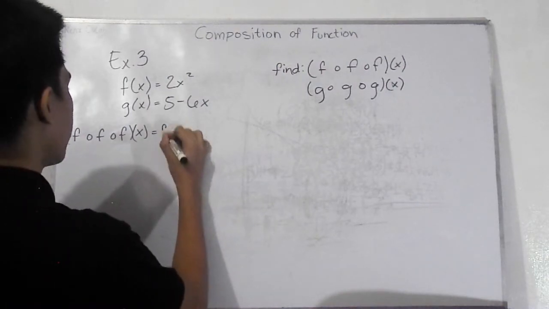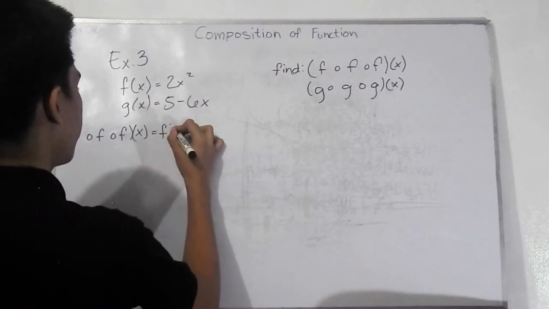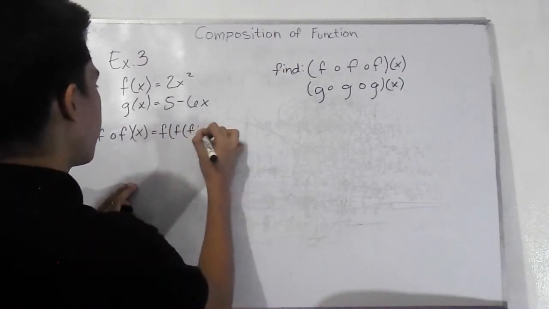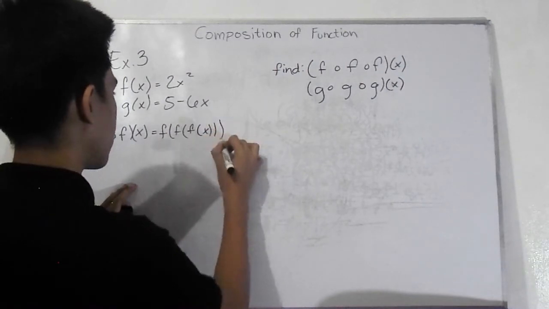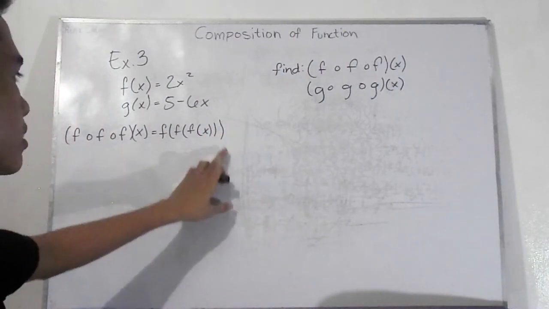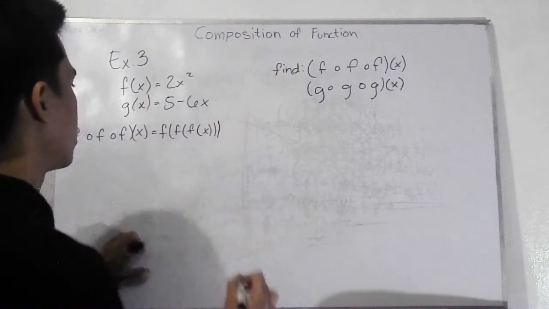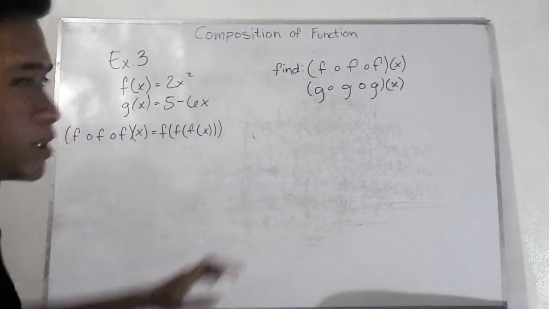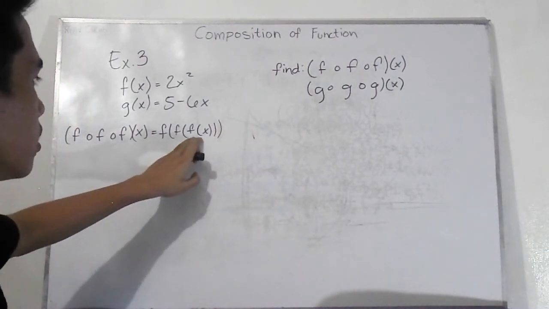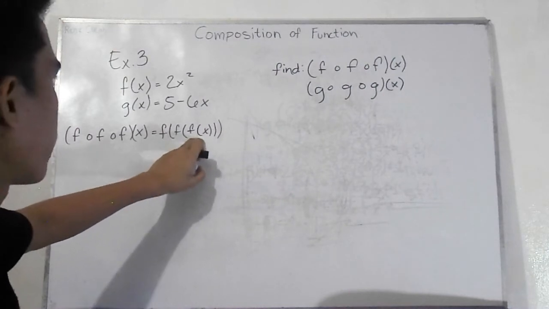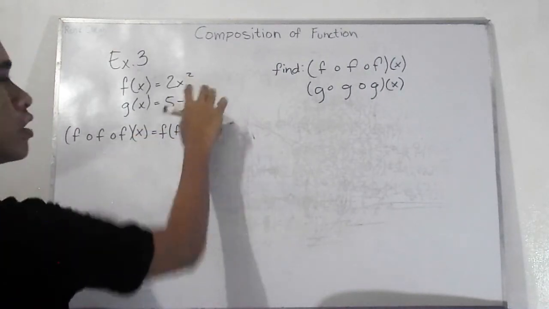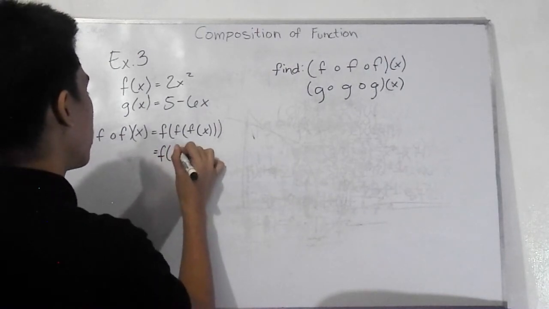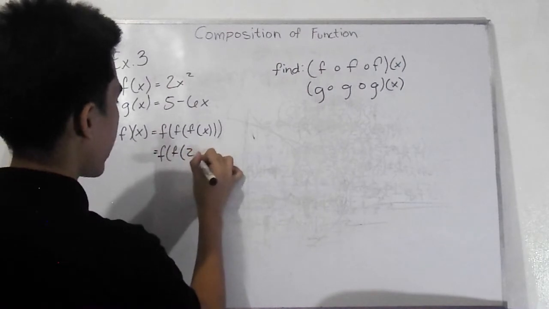So we will now have f of f of x. Now, let's substitute the value of f of x, which is 2x squared. So we have now f of 2x squared.